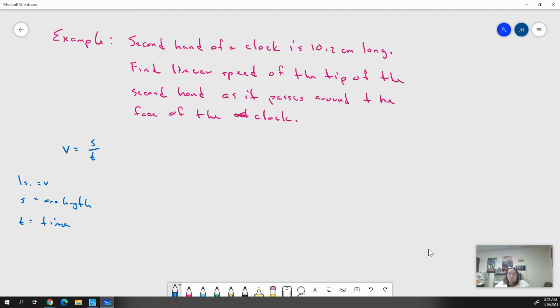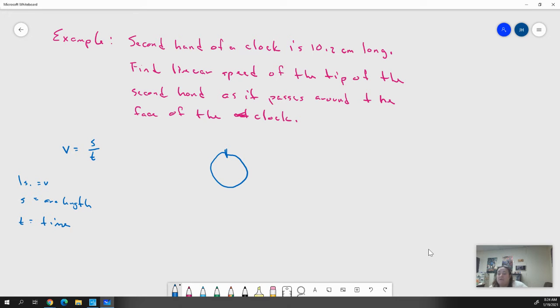When we're talking about S in this case, S is our arc length, and we want to know, if we start here on a clock, the speed it takes to get all the way around.